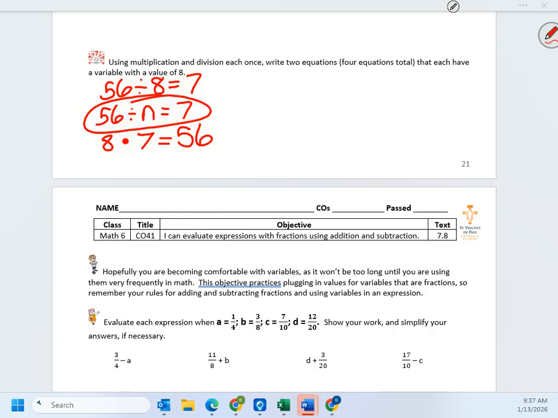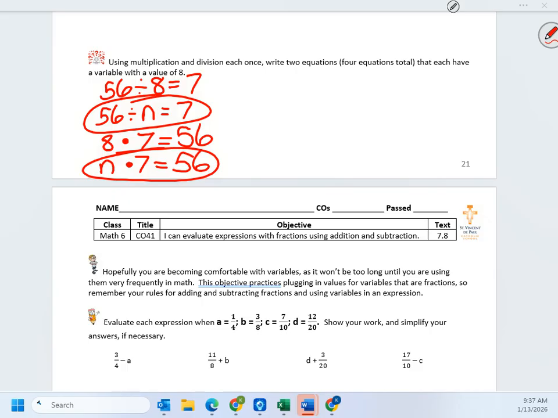Now, I'm going to replace that 8 with my n. So I have one multiplying, one dividing, both of them using n that equals 8 in the middle. So I could say n times 7, if I wanted to do proper math. Anybody know what that would look like as proper math?